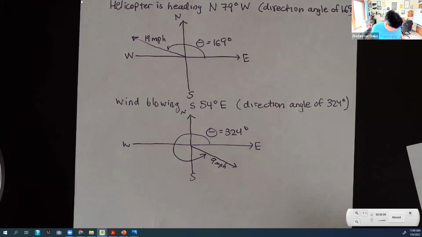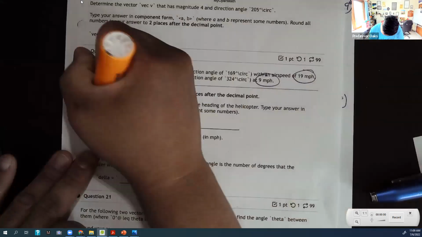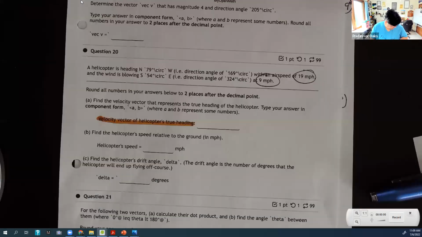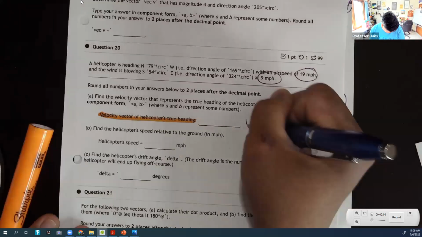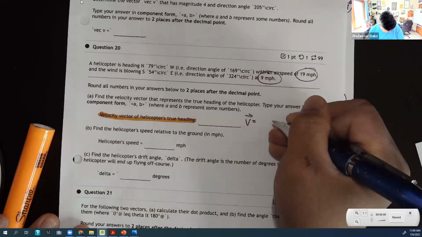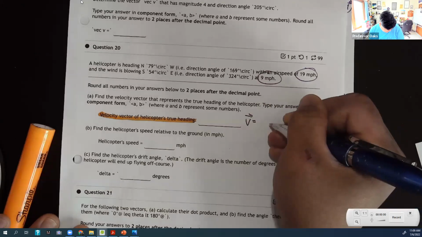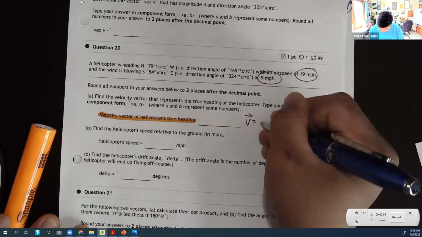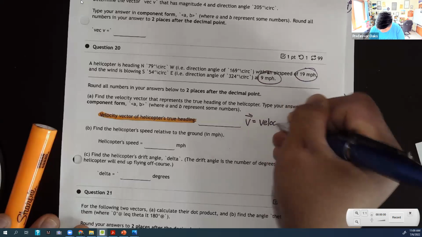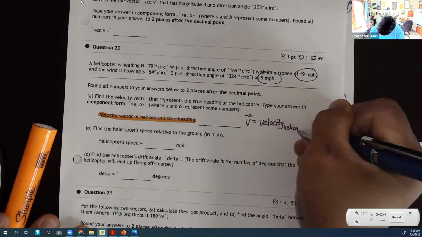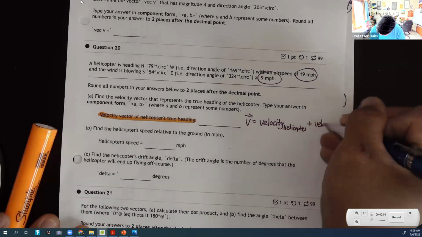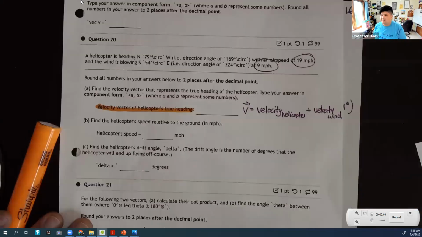If you want to find the velocity vector of the helicopter's true heading, what you need to do is take the velocity of the helicopter plus the velocity of the wind. You're going to take both of those and add them together.